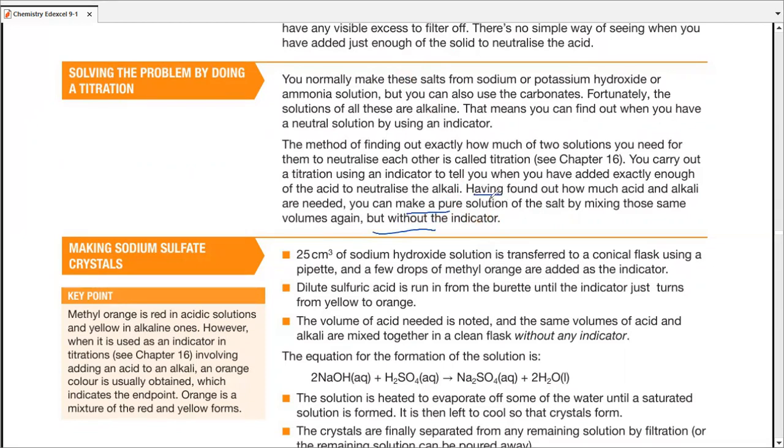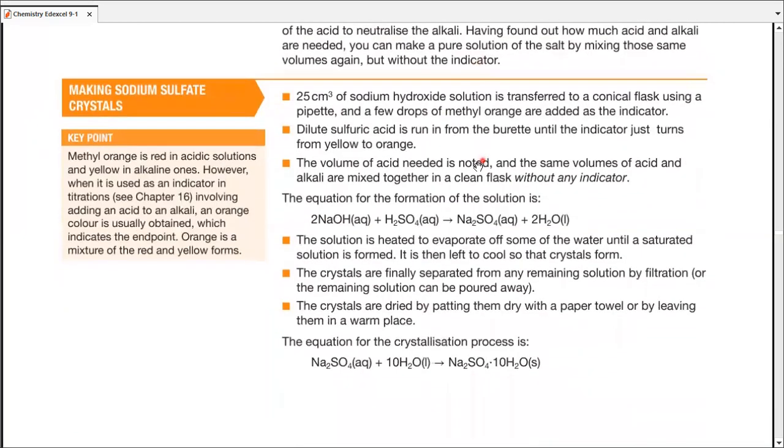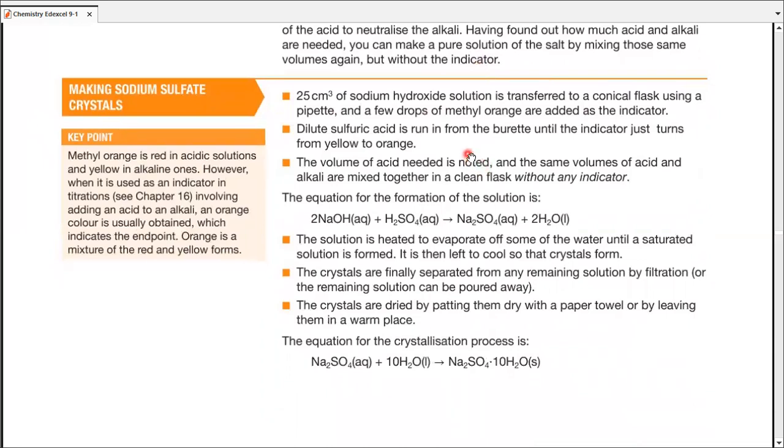So let's go over the whole process and make sure that we carefully cater those steps to our own advantage. The start of the titration might seem the same, but the last steps of the process will be a little bit different so that we can focus on the salt we require. Let's suppose the salt we require is sodium sulfate.